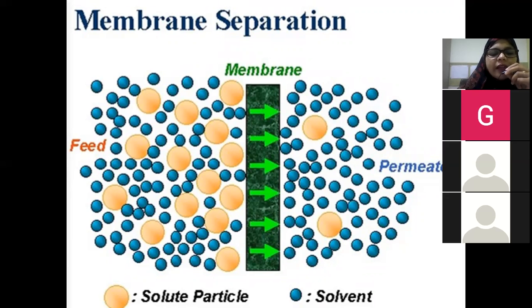Here the small blue balls are the solvent, that is water molecules, and the bigger particles are your solute particles, that is your impurity. Any impurity can be there. So they are solute, that is impurity, and solvent is your water. We have a mixture of these impurities and water, and this is the membrane.